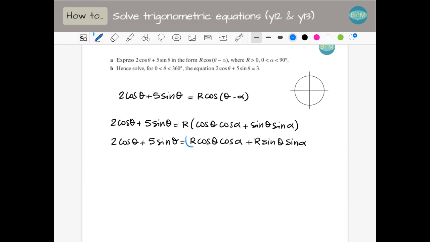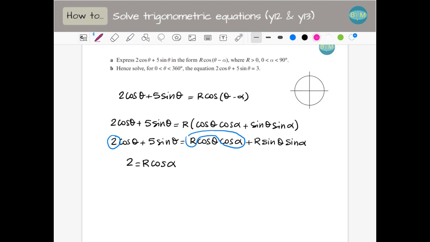So really r cos of theta is just a number, a coefficient. And if you compare both sides of the equation, the coefficient that multiplies cos of theta is going to be 2. So I can write that 2 is going to be r cos of alpha.